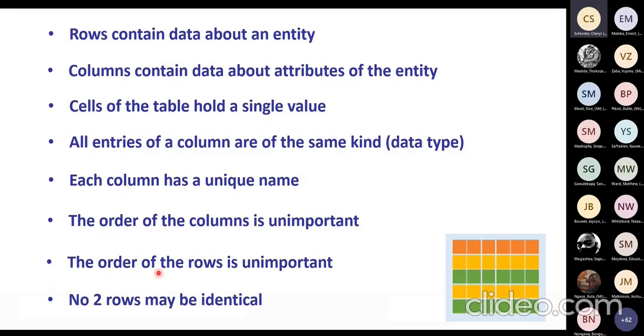Then also the order of the rows is unimportant. So registration 111 happens to be the first record. It doesn't matter if it ended up being in the middle. Okay, so it doesn't change the logic of anything or the meaning of the data in any way if I moved a row and placed it somewhere else in the table. And then obviously, very importantly, no two rows may be identical.